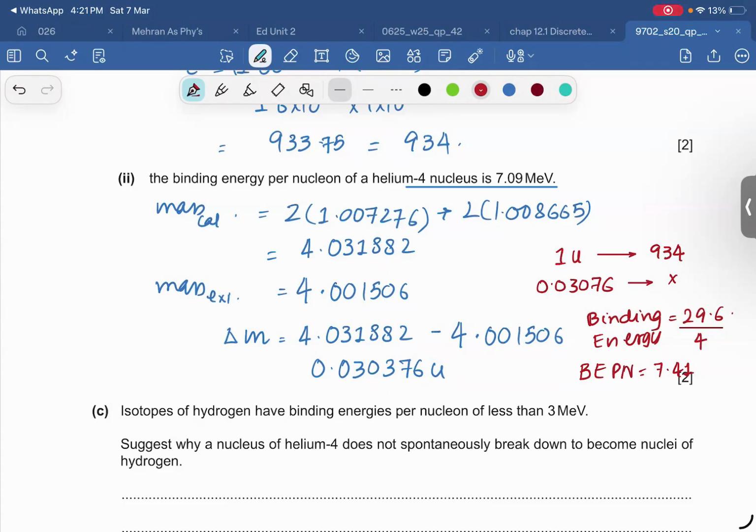When you do the cross multiplication, it's 0.030376, not 0.03076. So it's my mistake.